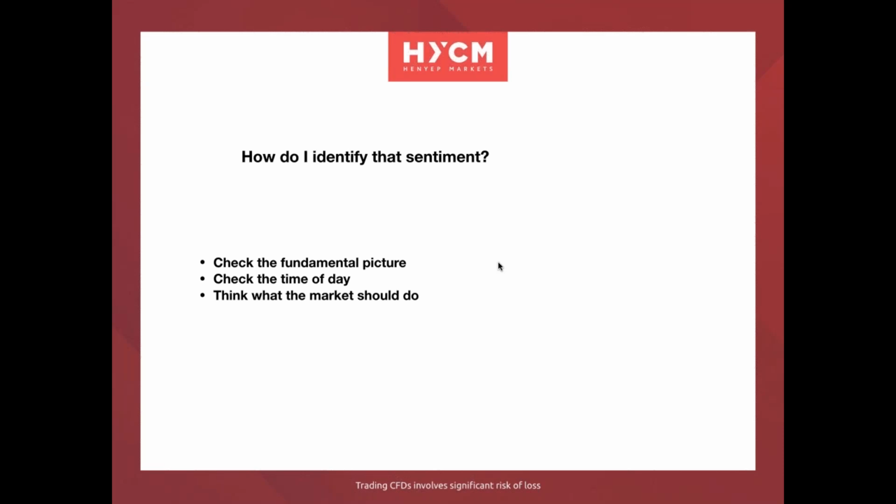Let's say we also found out that one of the countries in the European Union had an election, and the result meant that this country was likely to pull out of the Eurozone. That would put pressure on the euro, and the euro would be sold in the next session.